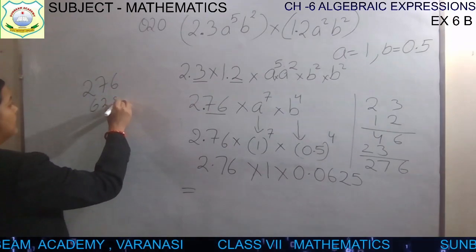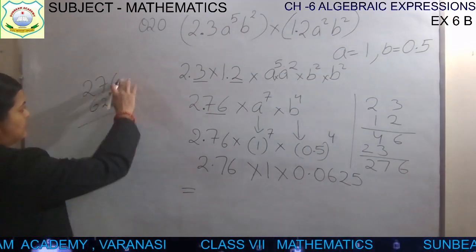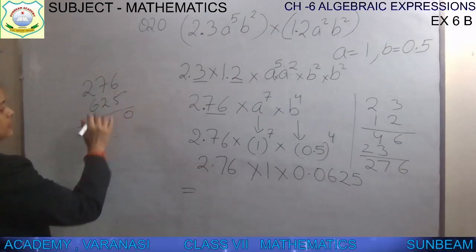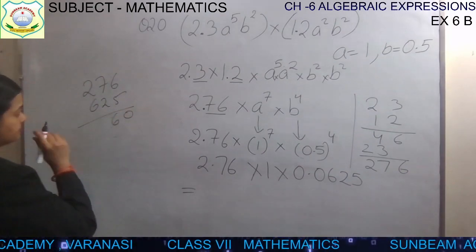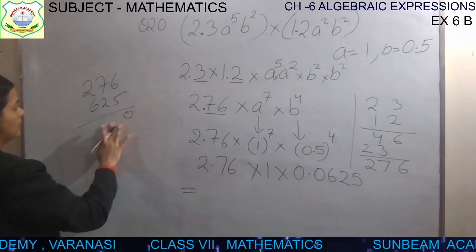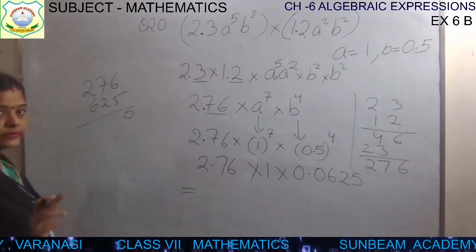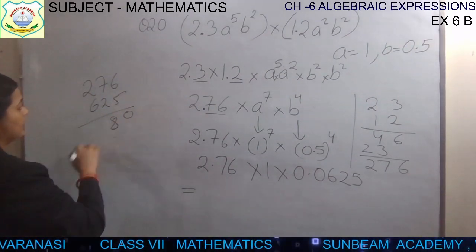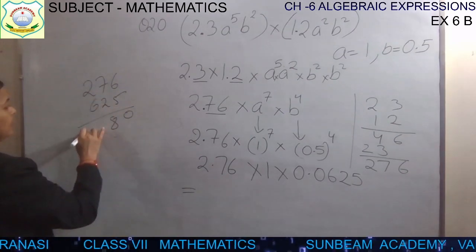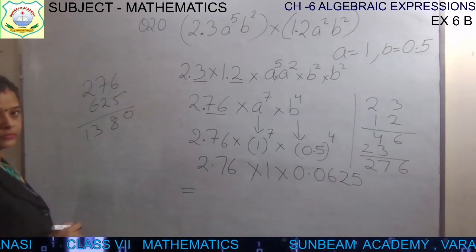So when you multiply this, 5 6s are 30, 7 5s are 35 and 3 is 38. 38, 3 is left, 5 2s are 10 and 3 is 13.